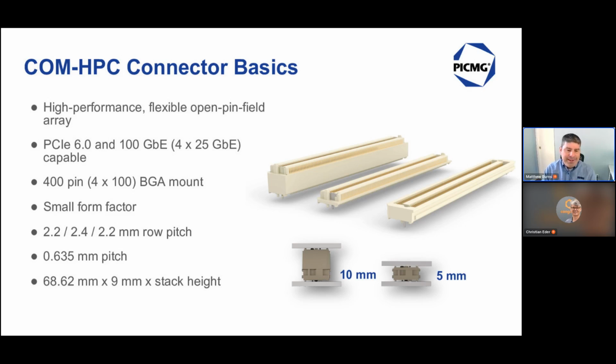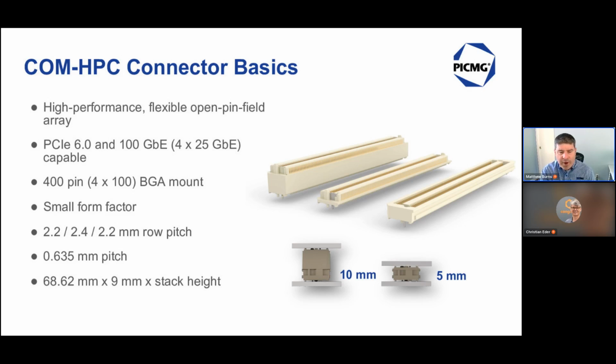But why is there such interest when it comes to PCI Express? Christian mentioned this briefly, but before we dive into that, we'll talk about why PCI Express is so important once we talk about the connector. So just some additional details about the COM-HPC connector. It's a 400 pin, or four row by 100 column, connector with a BGA mount.